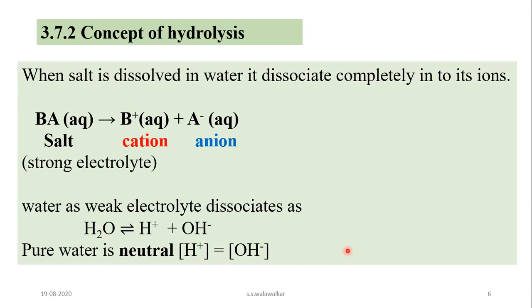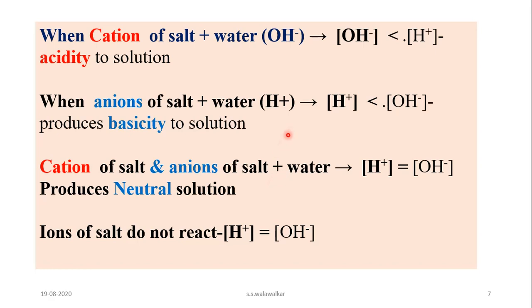But when salt is dissolved in water, either the cation or the anion or both the ions react with the hydrogen ion or OH ion of water. Now see how they react. When the cation of a salt, that is the positively charged ion of the salt, reacts with the OH ion of water, the OH ions are consumed, as OH ion combines with the cations.